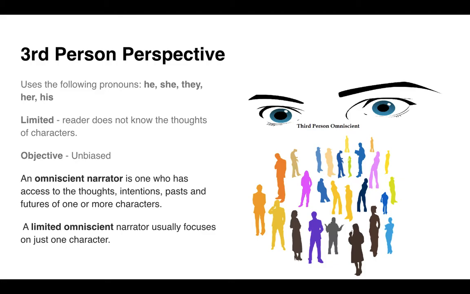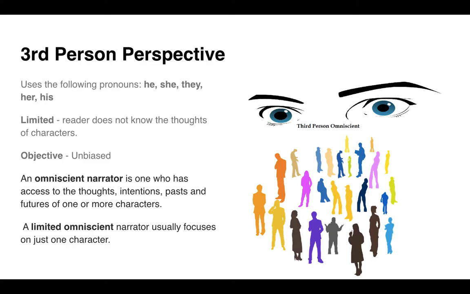There's different types. One type is limited, where the readers don't know the thoughts of the characters. This is also called objective, where the author is able to tell the story, just the facts, no biases, no backstory, anything like that.